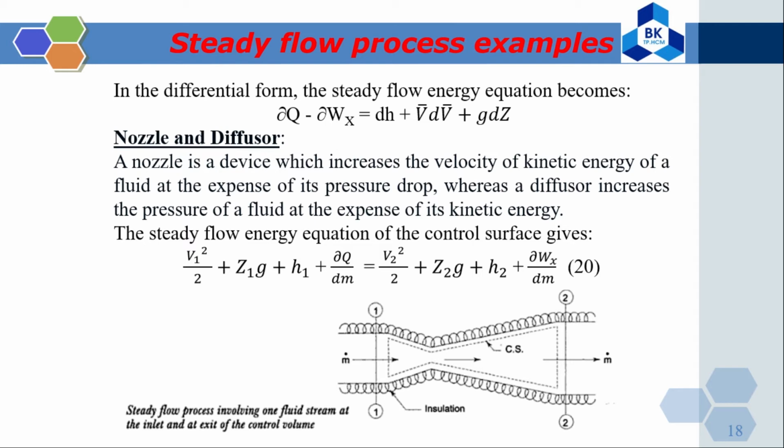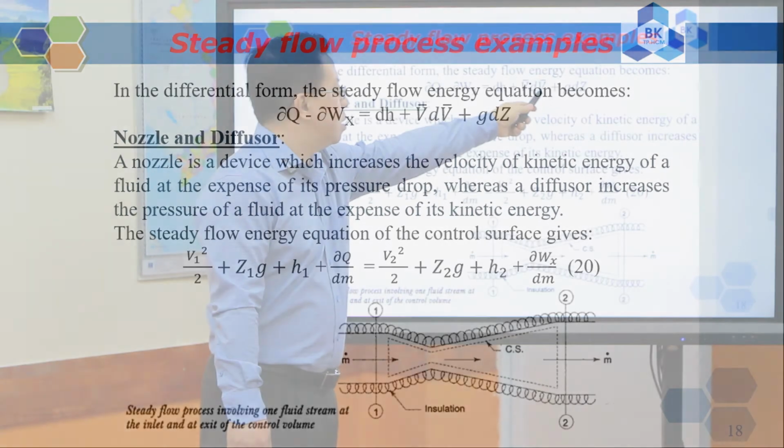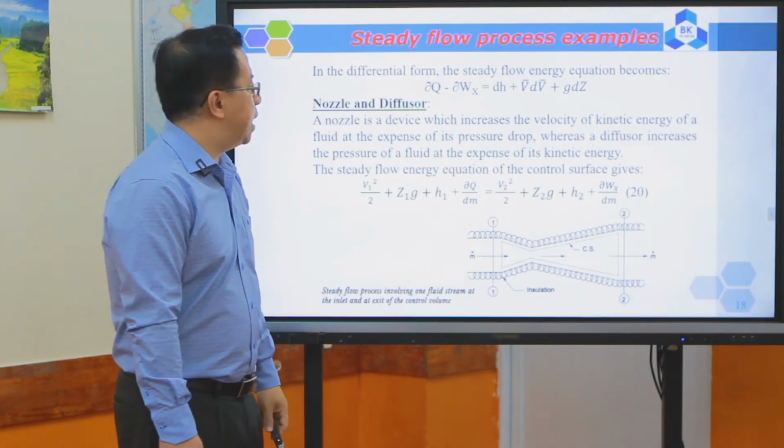In other words, we use the first law of energy to write the formula for different cases in steady flow. In the differential form, the steady flow energy equation becomes delta Q minus delta Wx equal to dH plus V bar dV bar plus g dZ.